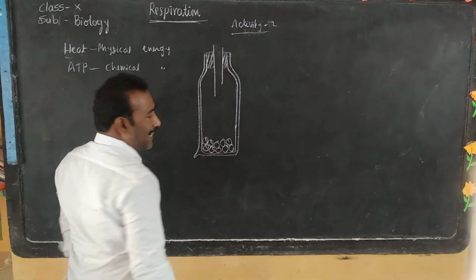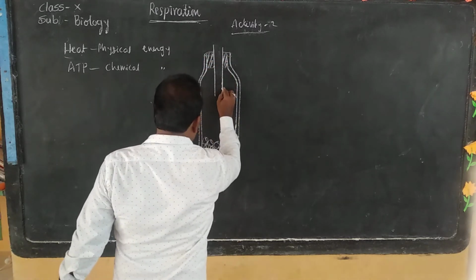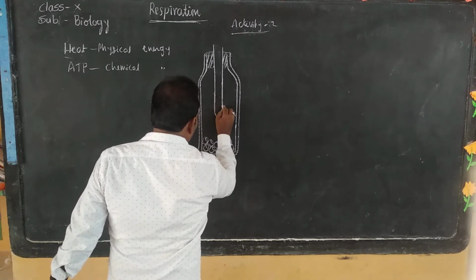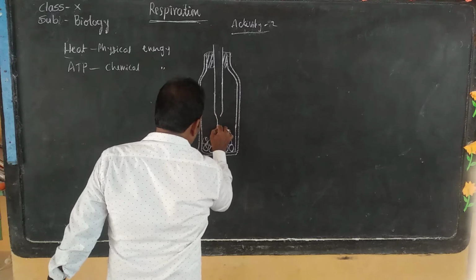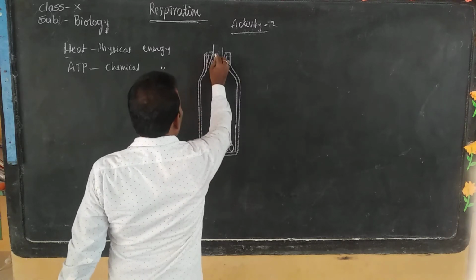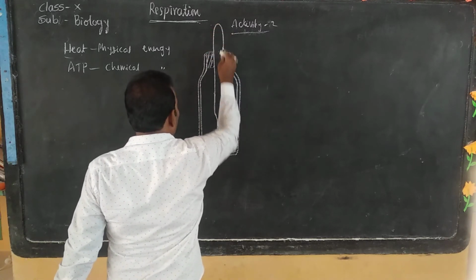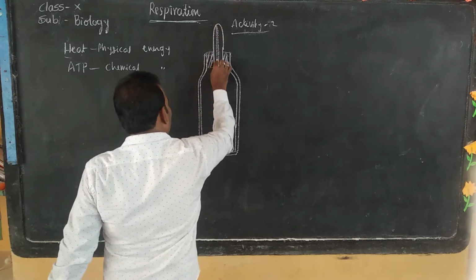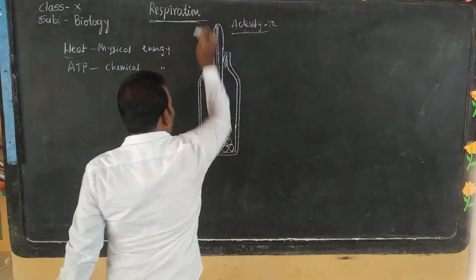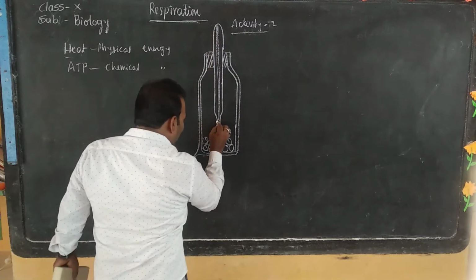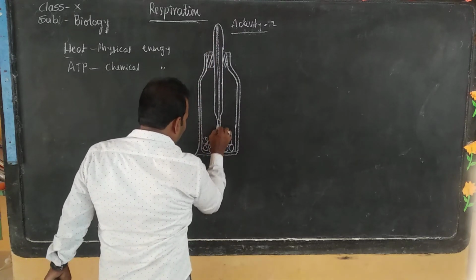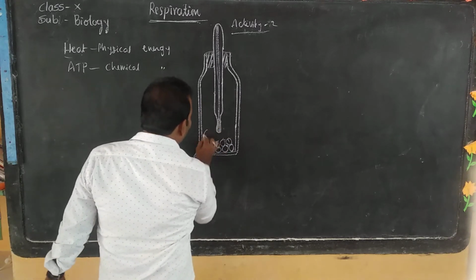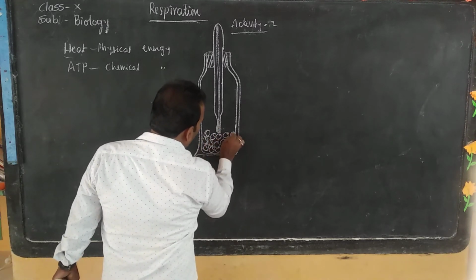Then take one thermometer, inserting the thermometer into the thermoflask. Look here. In this method, the bulb of the thermometer must be in the midst of the seeds, means among the seeds.